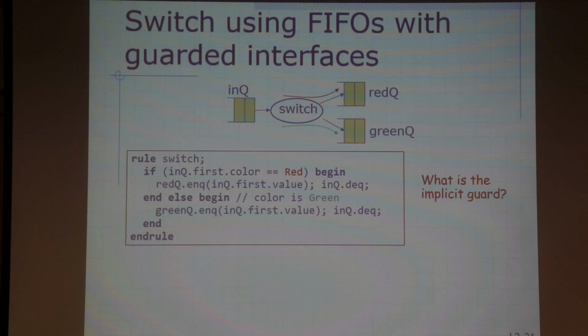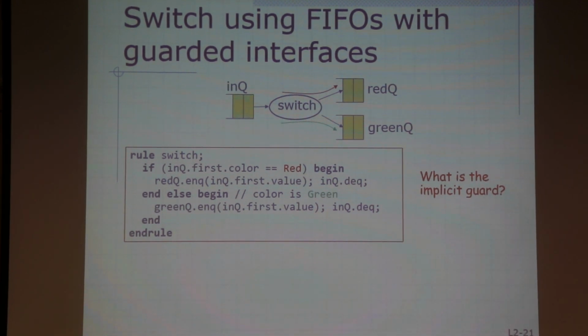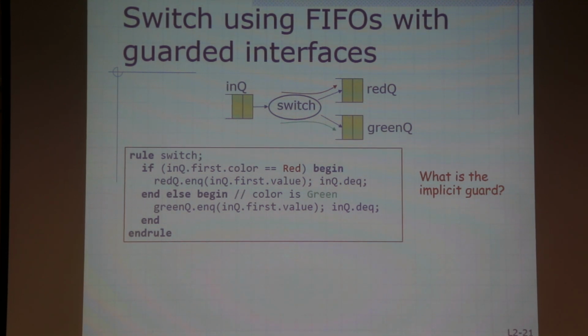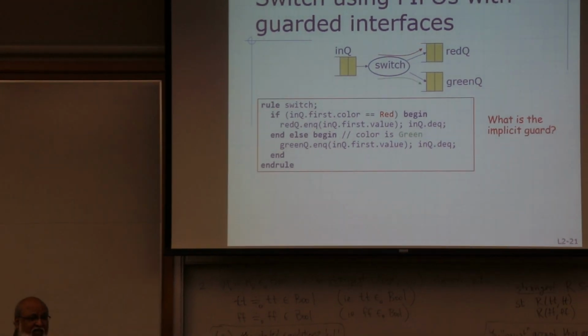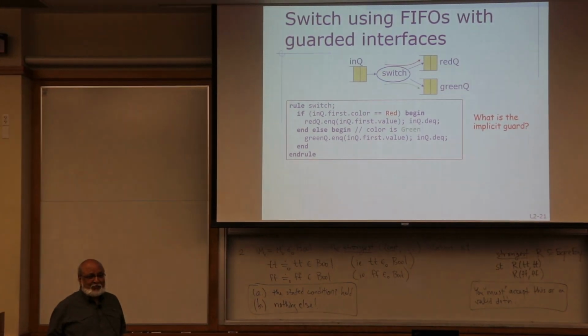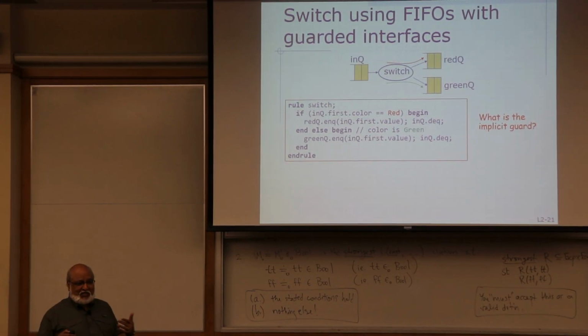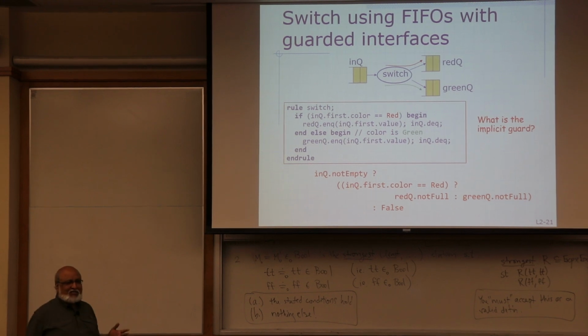So depending upon if it is red, you want to check if the red queue has space. On the other hand, if it is green, then you want to check the green queue, because if it is red, you don't want to check the green queue. We don't know that until we read. You don't know anything. The compiler is the one that pulls out the implicit guards.